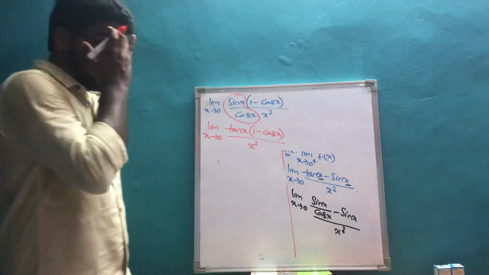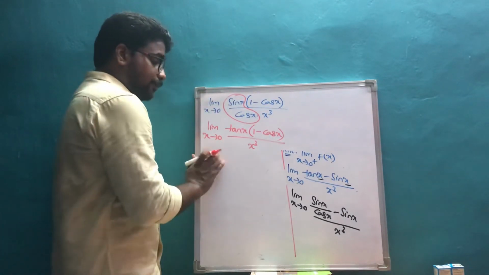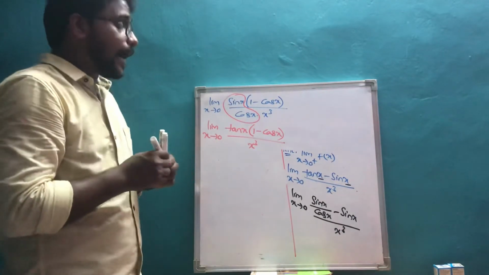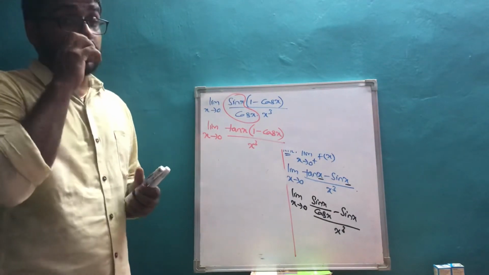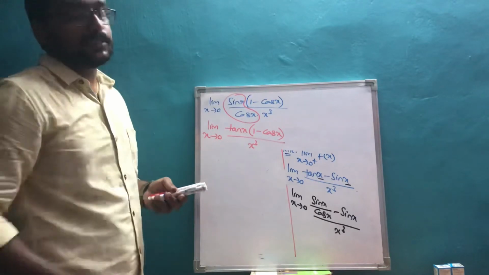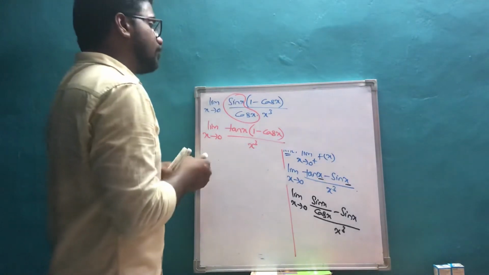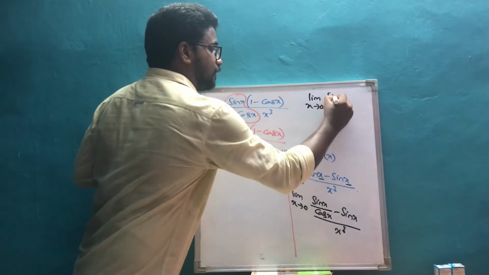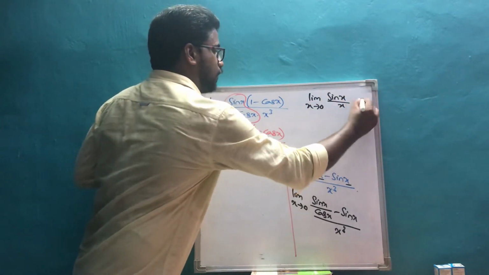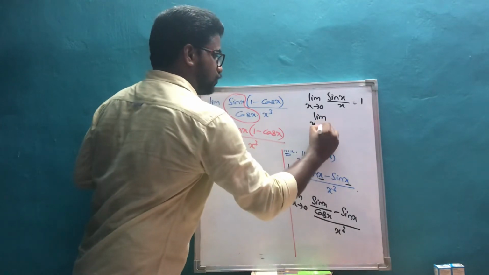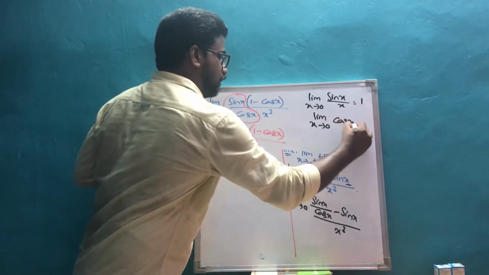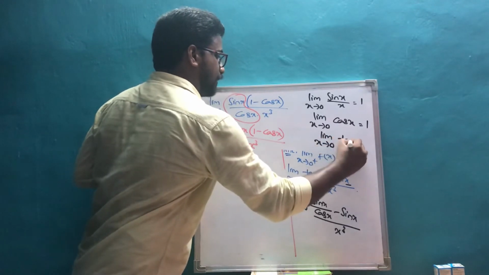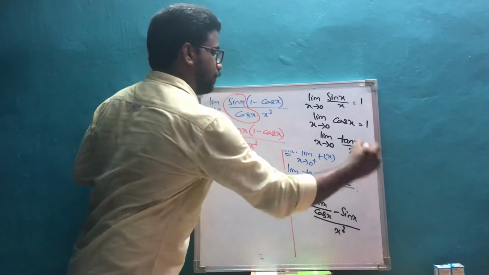Now please understand this critical point I am going to tell you now. Whenever you are having any trigonometric functions, you have to recall the formulas that we are having with respect to limits. The formulas that we have are: limit x tends to 0, sin x by x is equal to 1, limit x tends to 0, cos x is equal to 1, limit x tends to 0, tan x by x is equal to 1.